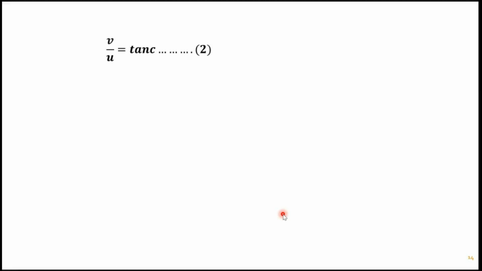Okay, तो इसको कैसे differentiate करना है with respect to x? Differentiating v by u is equal to tan c. Remember c is a constant, so tan c is also a constant. Derivative उसका zero हो जाएगा. Now v by u को हमें u by v method apply करना है.